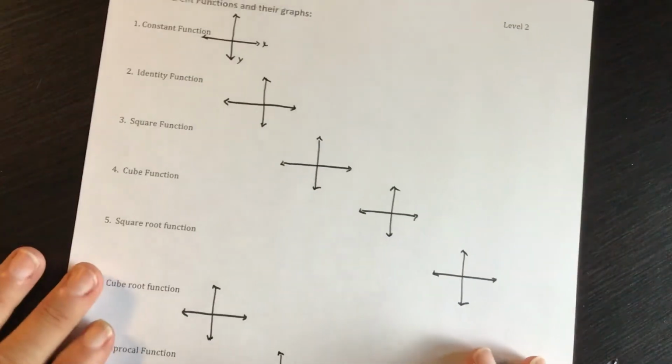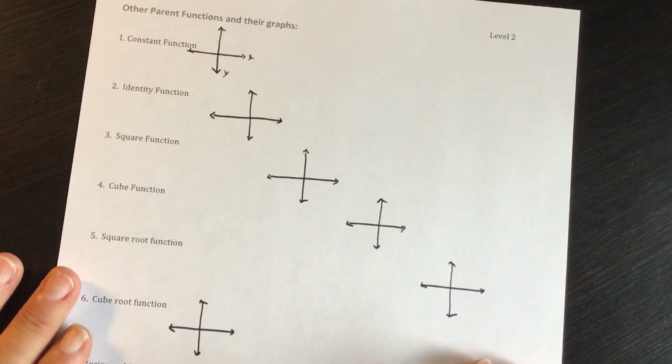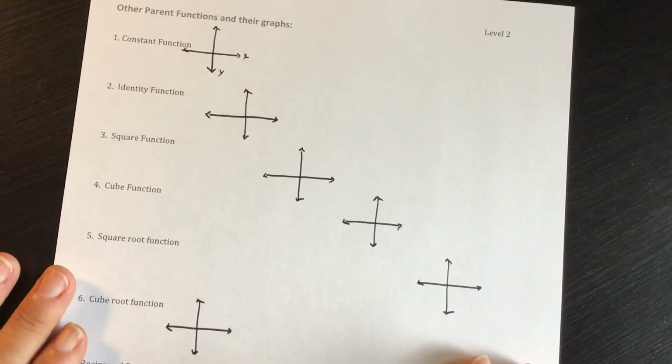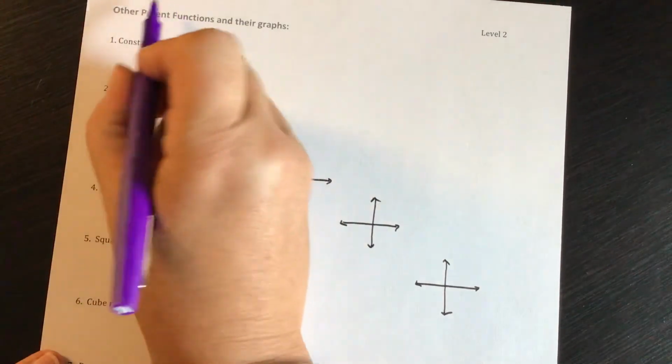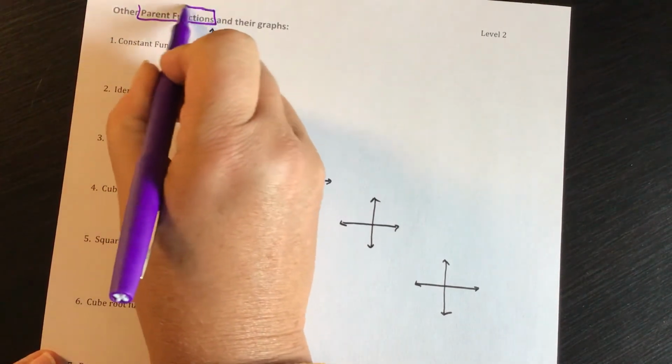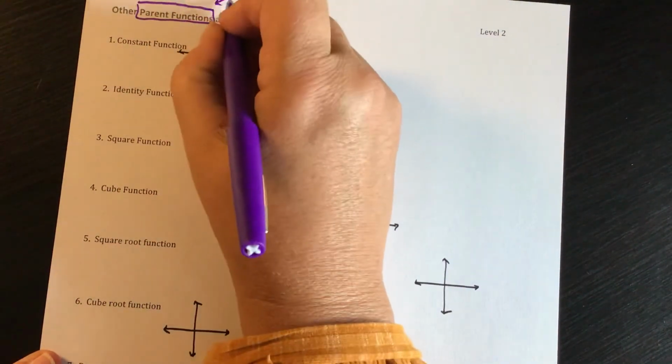So we're not going to get as detailed on the next page, but again, I preloaded my axes here. So here's a bunch of different types of functions, and these are all the most basic form that we can see different types of equations, and we call these parent functions. Okay, that's the basic form.